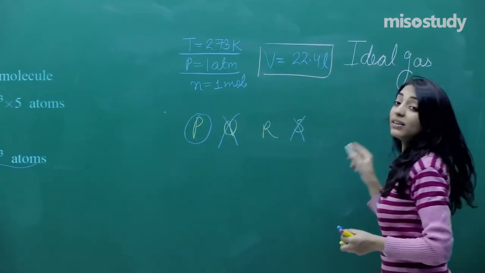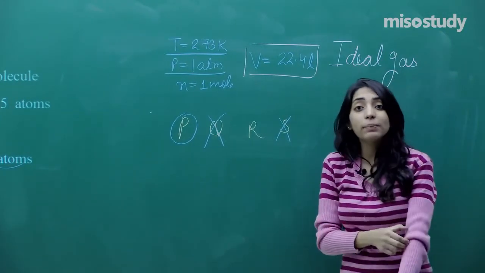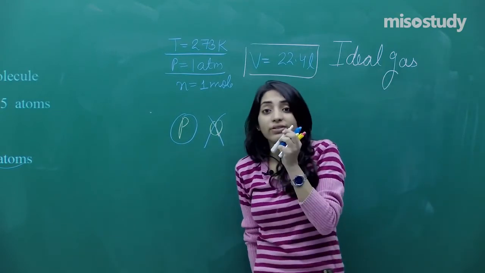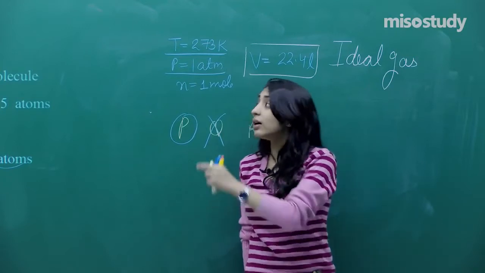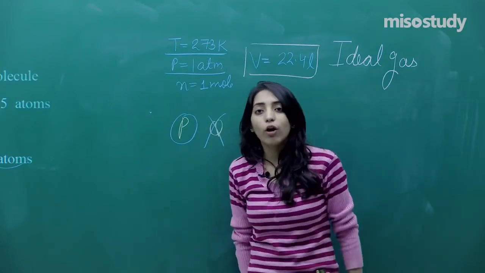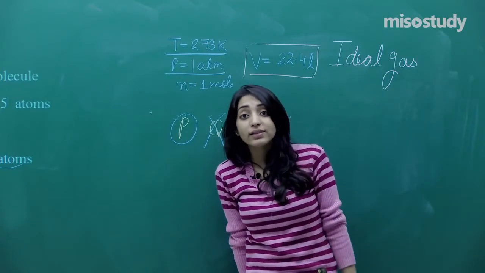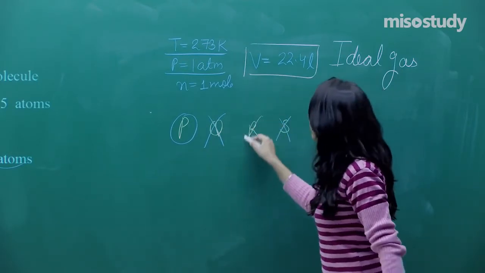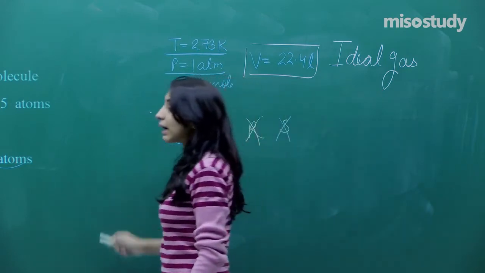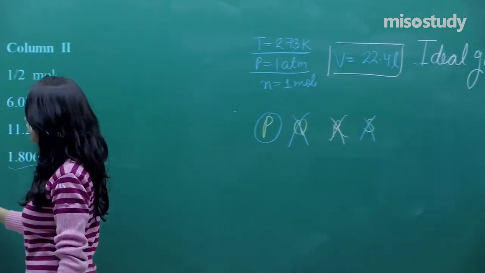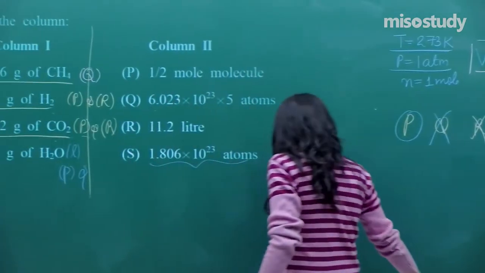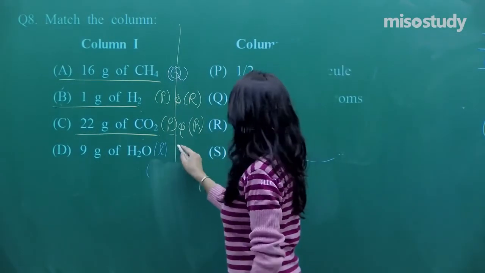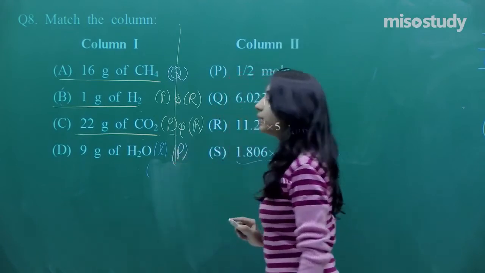You remember we did the question, we did every theory, but that was for the gaseous system. Nowhere ever I have said that liquid water 1 mole will have a volume equal to 22.4 liters. No, neither the solid. So even R is not the correct option for this particular question, and hence the only option which was correct was option number B.